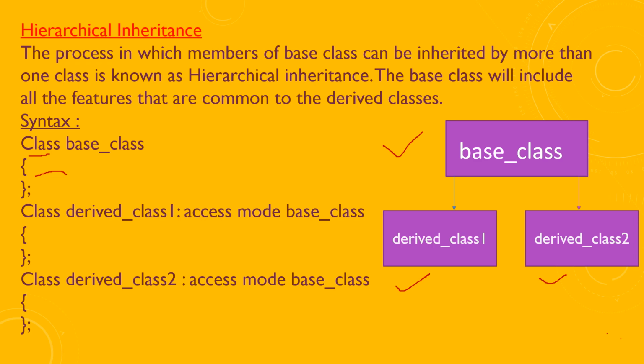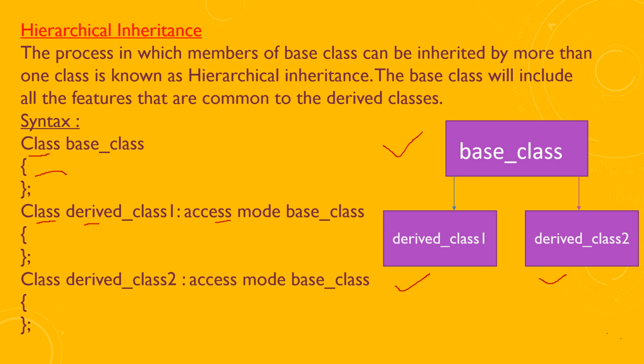For the derived class, again remember the format. First we will write the keyword class, then our derived class name, then we will use a colon, and then the access mode, which includes public or private or protected. Till now we have been using public mode, and then the base class name. So after writing the access mode, we will write the name of that class from which this derived class wants to inherit the properties.